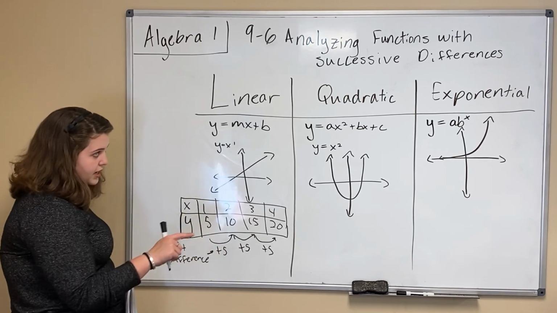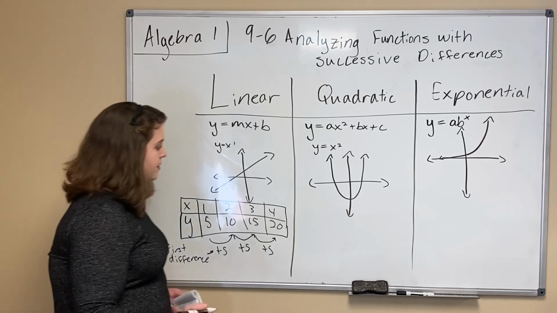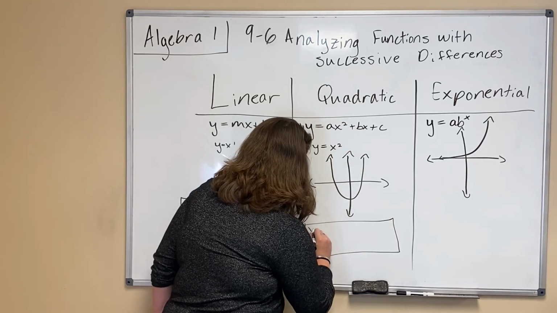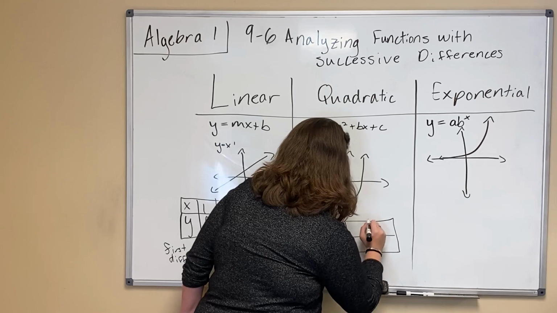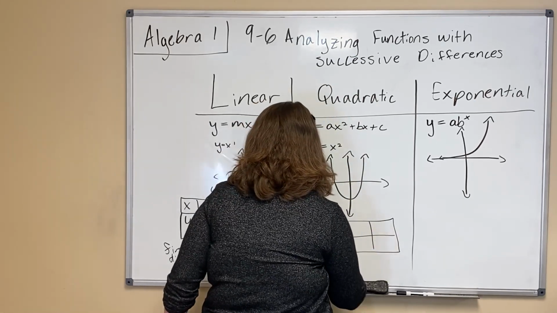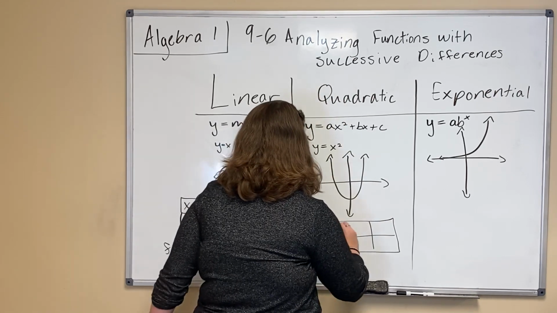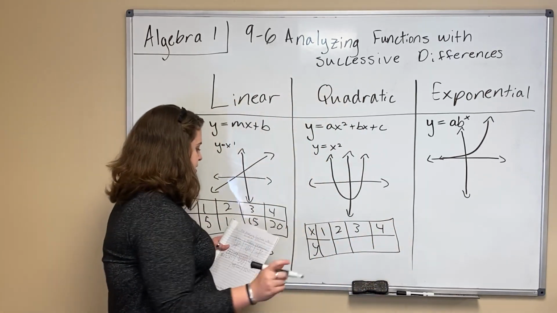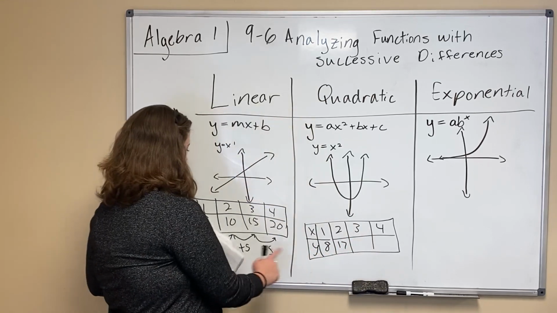Now with a quadratic function, this won't be the case. Let's make our table of a quadratic function. Okay, 1, 2, 3, 4 again. With a quadratic function, they won't have a constant rate of change in the first difference.